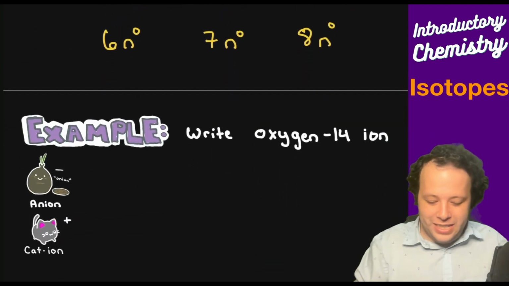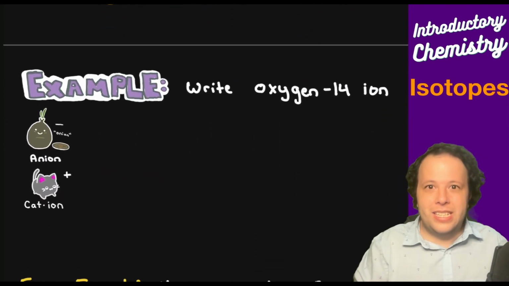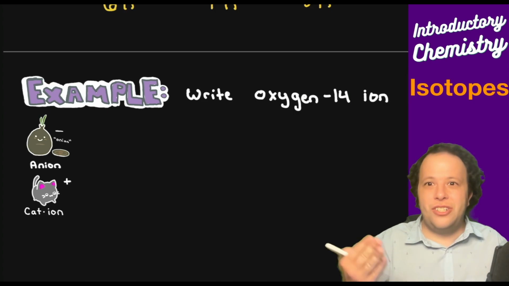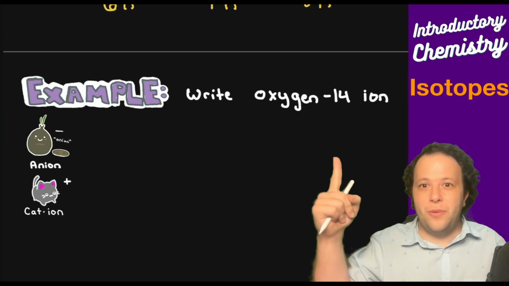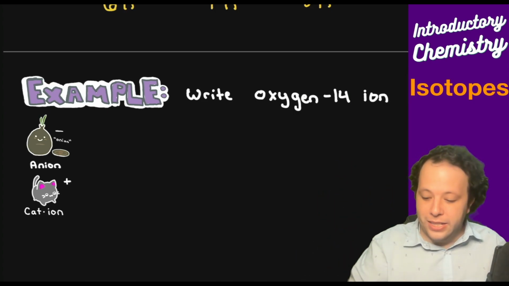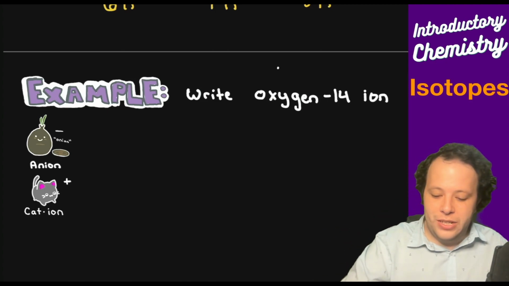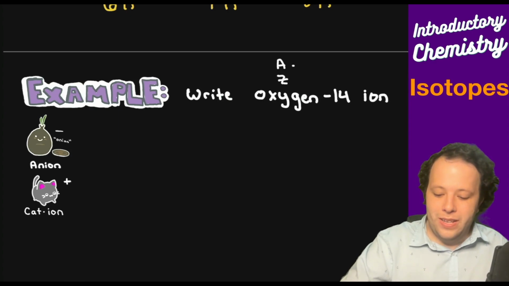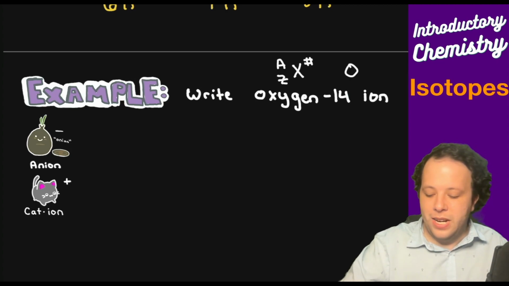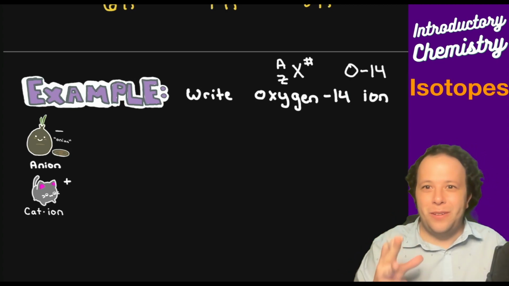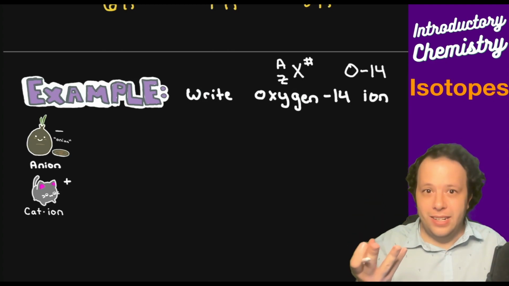Some other examples of this: let's say I want to write oxygen 14 ion. This is another way that you can illustrate how ions are written as well. So not only do we have that notation of the atomic mass with the number, and then our element with the charge, but you can also write oxygen 14 to help illustrate that this is still an isotope.